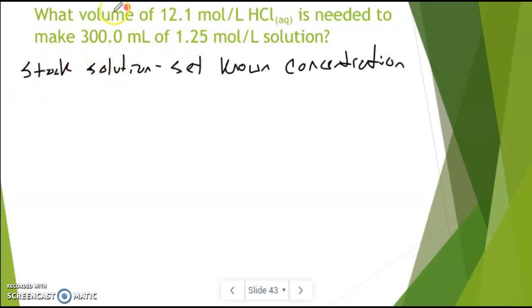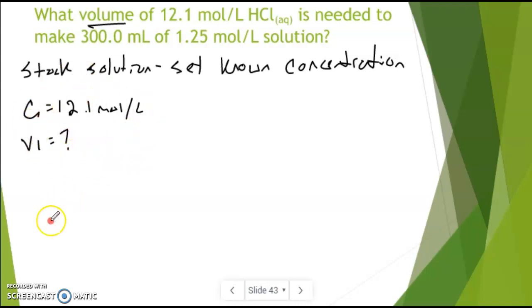So our stock solution has a concentration of 12.1 moles per liter, and it's asking what volume is needed to make 300 milliliters of 1.25 moles per liter. V1 is our unknown.